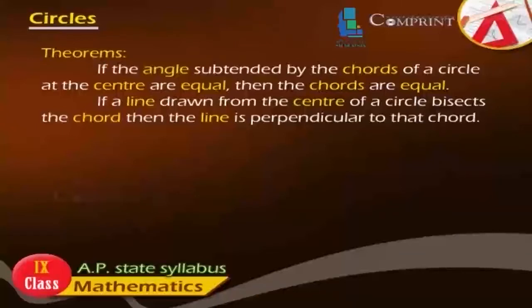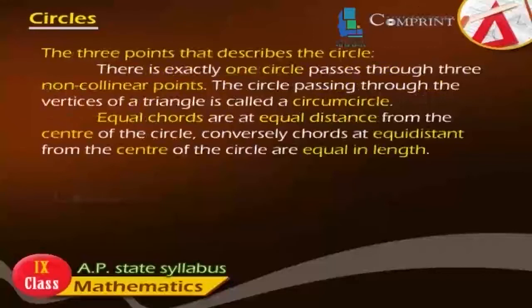Theorems. If the angles subtended by the chords of a circle at the center are equal, then the chords are equal. If a line drawn from the center of a circle bisects the chord, then the line is perpendicular to that chord. The 3 points that describe the circle.